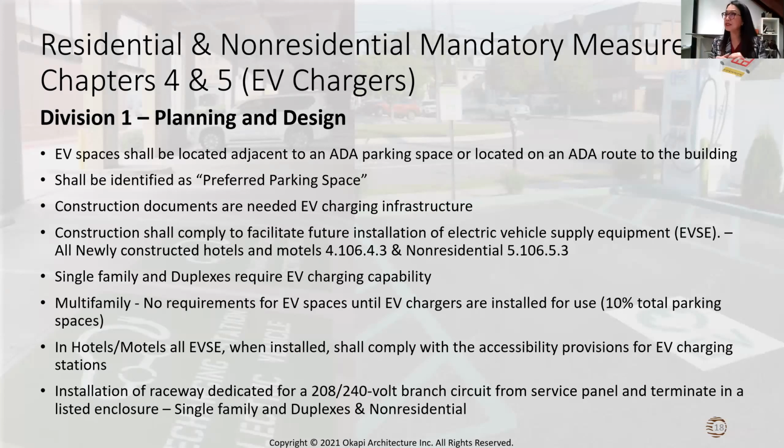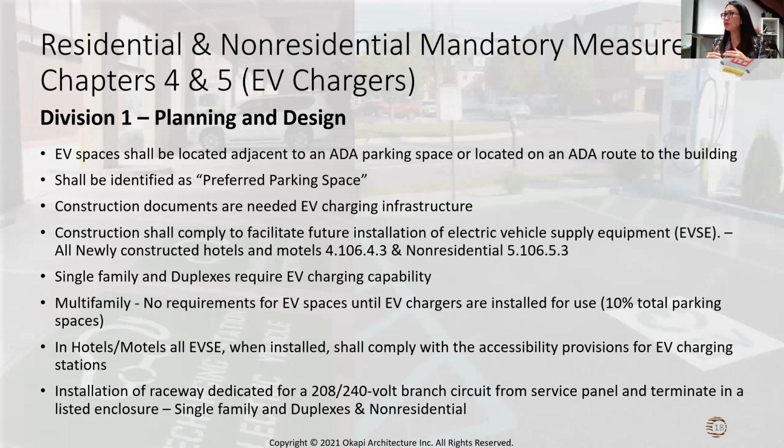That's the number 1 rule. The number 2 rule is that even with your EV charging station, there should be at least one that is able for the ADA access people to reach. And then number 3 is the EV charging station, which right now is just ready to be charged.